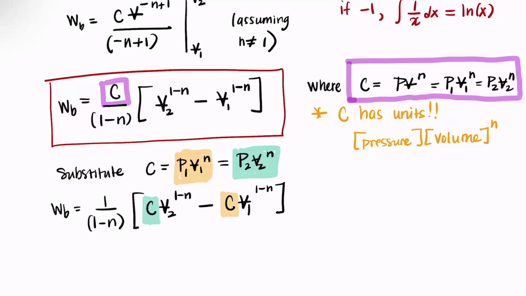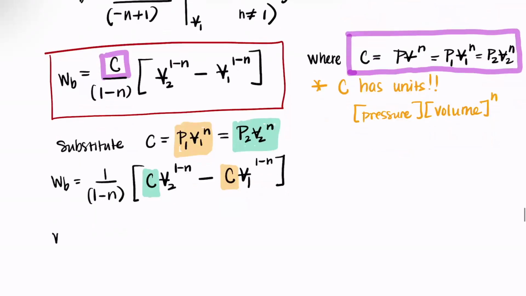Okay. So I will put those in here. So now we have that WB is equal to 1 over 1 minus n times P2 V2 to the n power times V2 to the 1 minus n minus, actually, I'm keeping the same thing, but I just want to color code it.